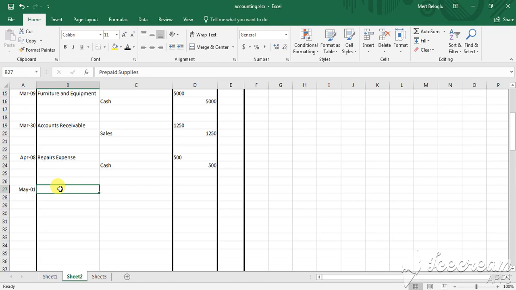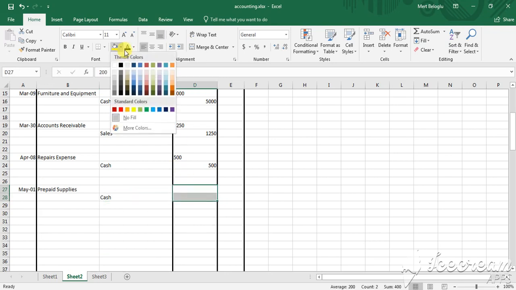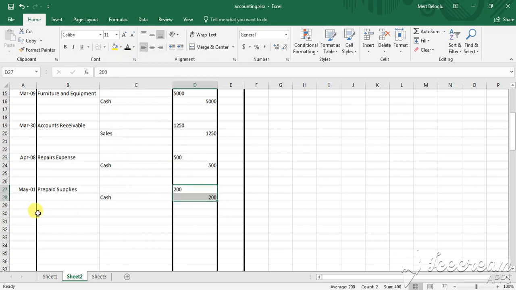And the account that we have to record this transaction in is called prepaid supplies. Don't get confused by the word prepaid. Prepaid is a type of an asset, a short-term or current asset. And in exchange, we are paying cash, so that's credit to cash by $200.